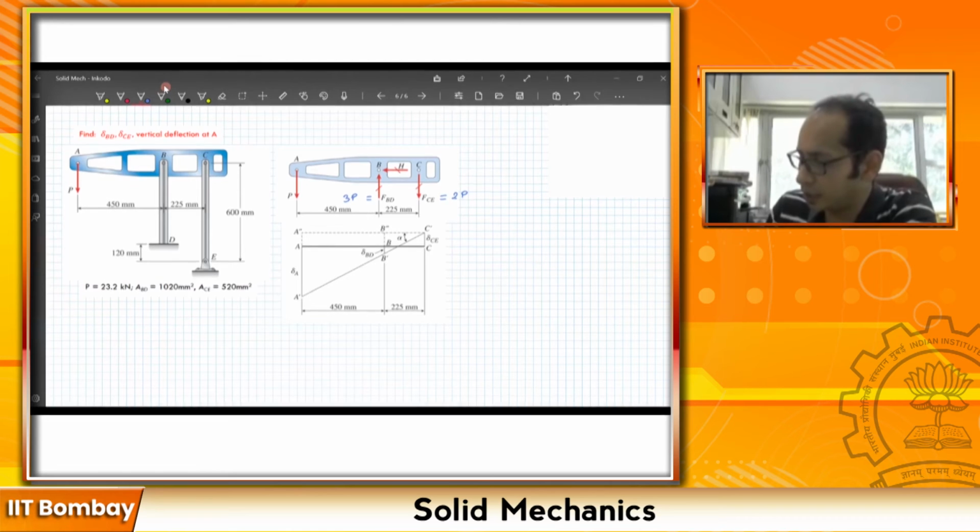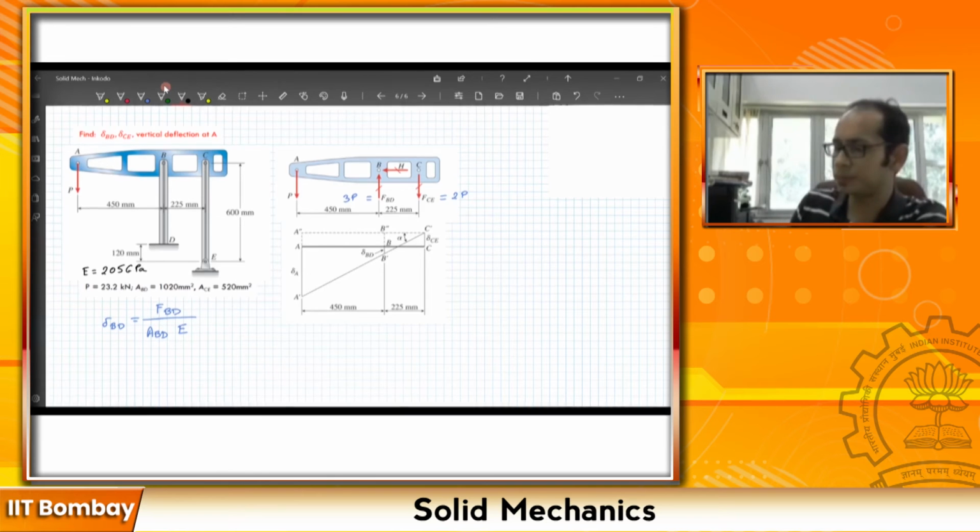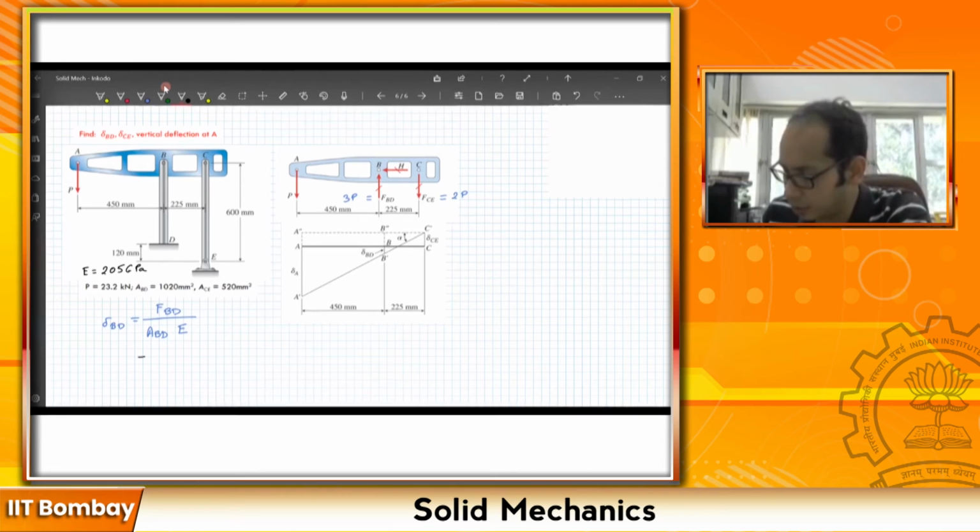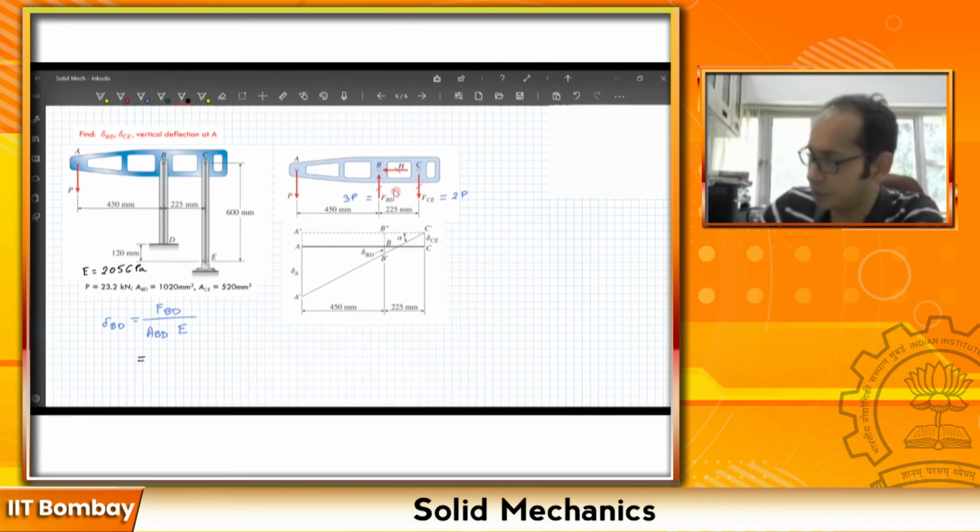So you have the delta BD as equals to F times the length divided by the area of BD times the E I noted already. I will write here once again that your E is 205 gigapascal, right? Now if you substitute these values, your FBD comes out to be 3P.